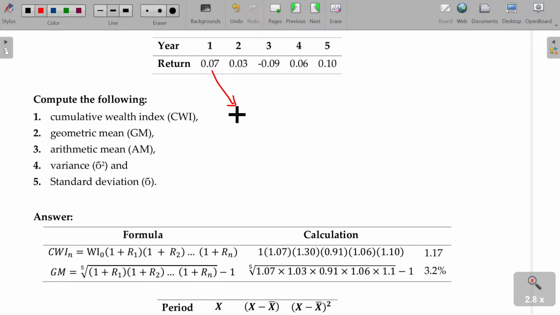You have to add 1, right? 1.07. Second year 1.03. Third year 0.91. Fourth year 1.06. Fifth year 1.1. If you multiply all these things, what is the value you are getting? 1.17. This is called cumulative wealth index.